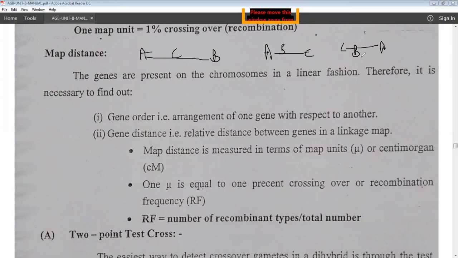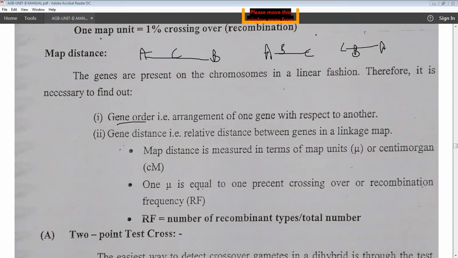Okay, so we don't know the gene order, how they are present. For that we have to calculate the distance. We calculate the distance among each individual gene. From that we can say that yes, this kind of arrangement is there with respect to each other.